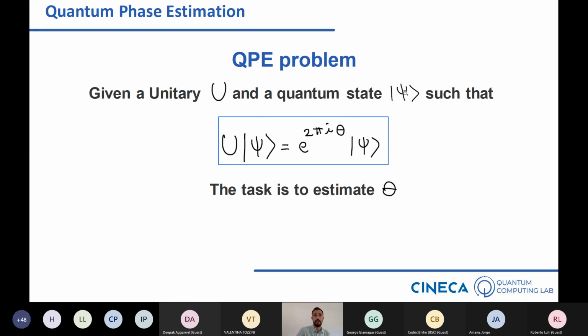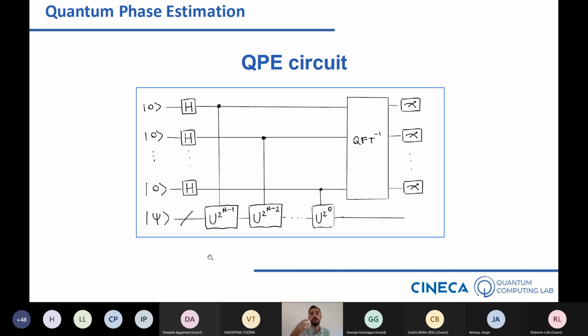U is the unitary that you are given. U to some power means you apply U many times. So U to the 2 to the 0 means U to the 1, which is basically only the U operator. You apply this controlled operation, and then the inverse quantum Fourier transform, which is basically obtained by reversing the circuit.